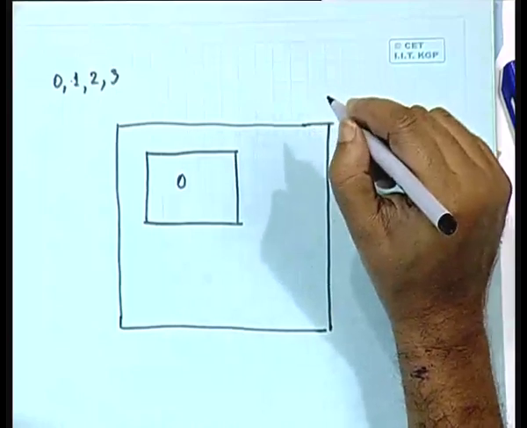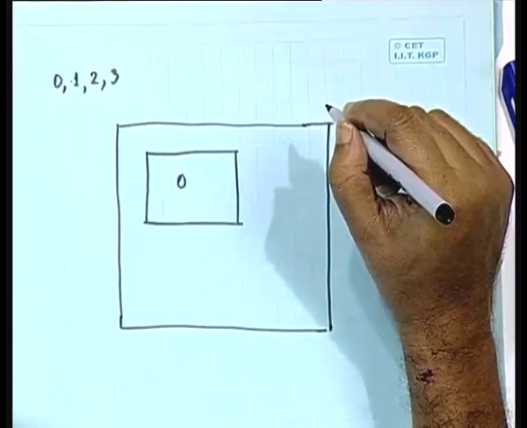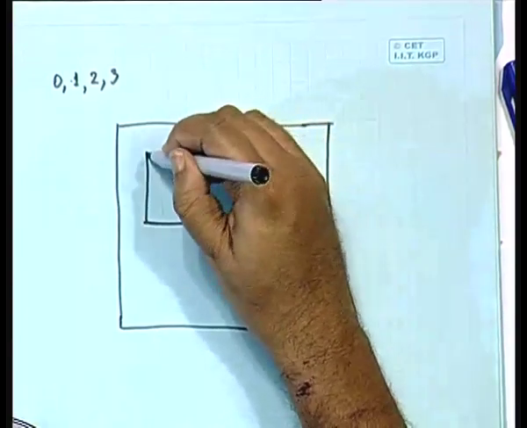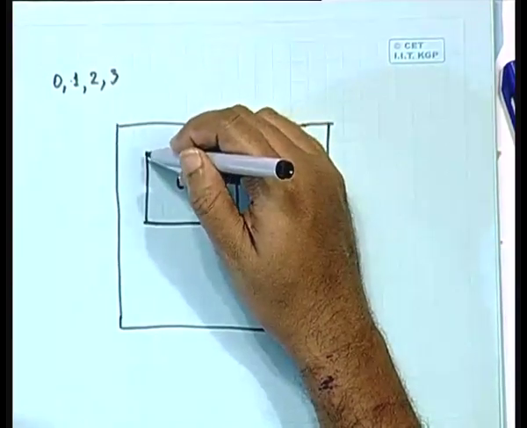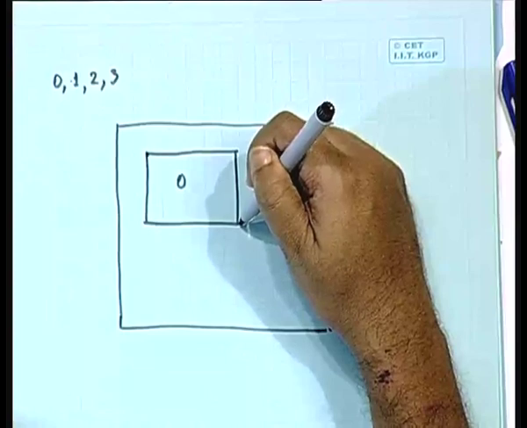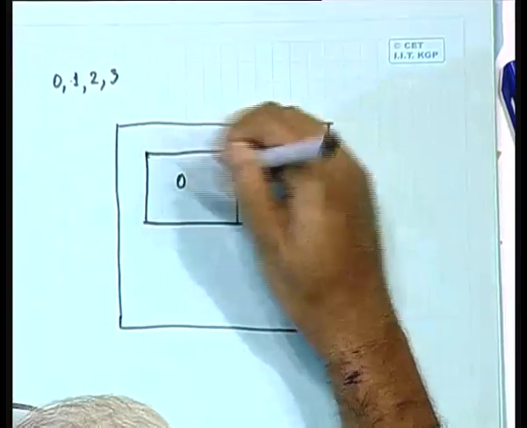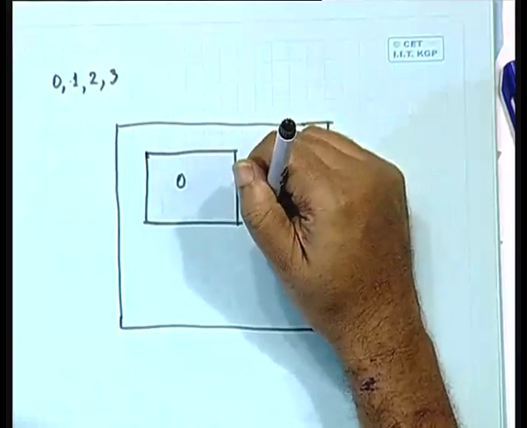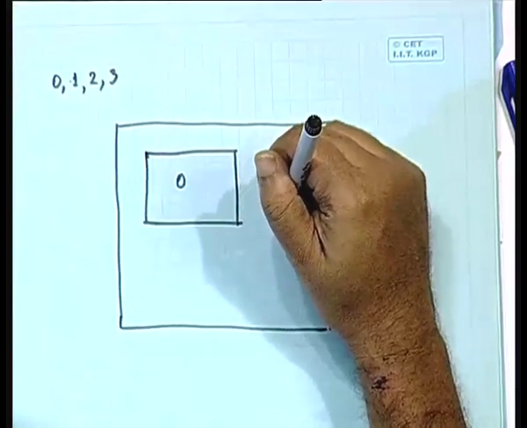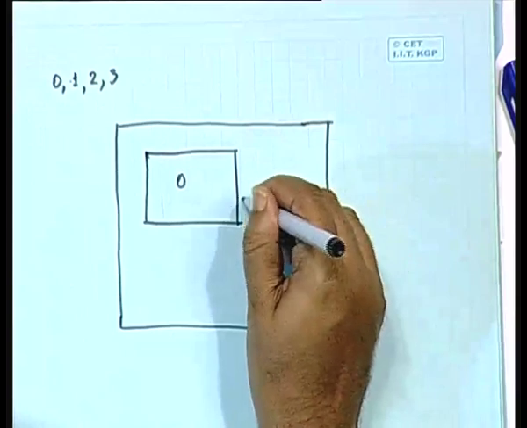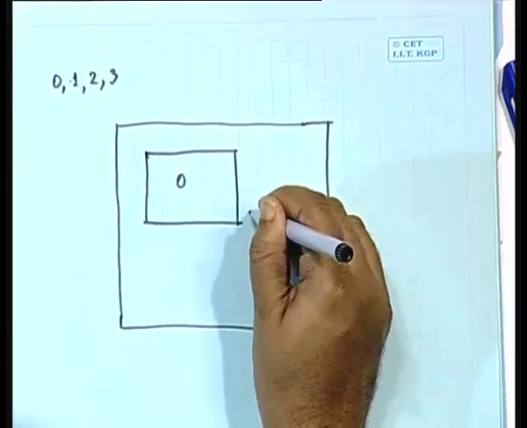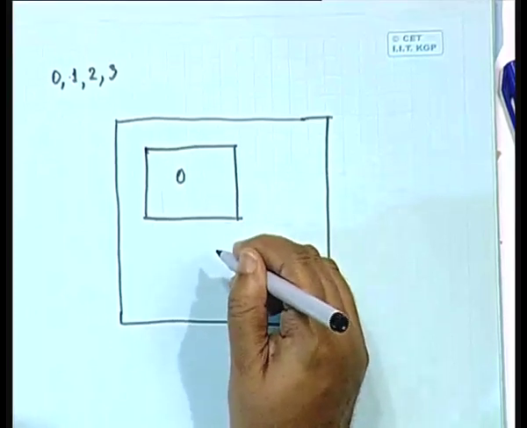In order to specify the slice group boundary, one can specify the coordinate of the top left macro block and the coordinate of the bottom right macro block. If you specify these two coordinates, then automatically this rectangular area is defined. And then you can have slice group number 1, slice group number 2, slice group number 3.